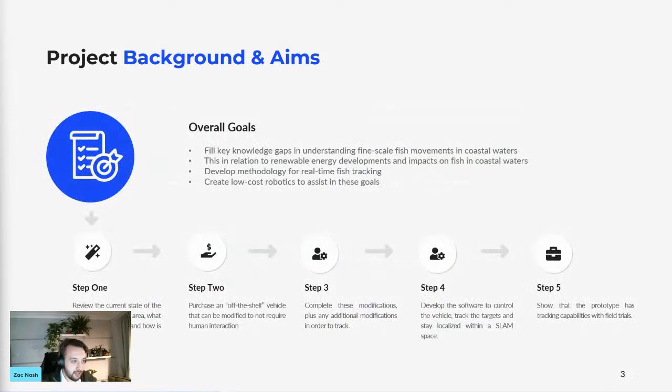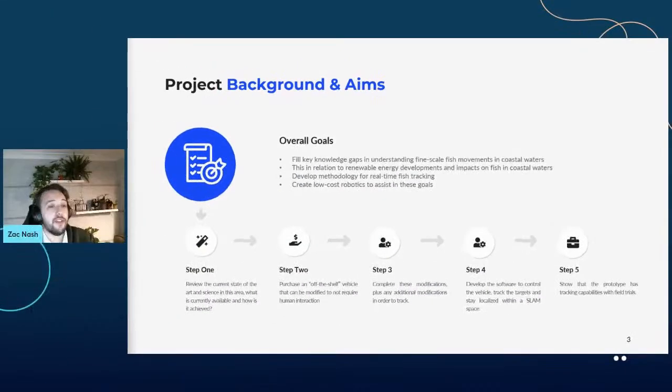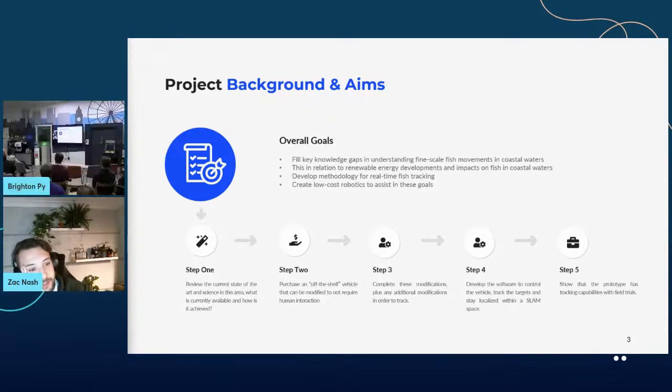For the project background and aim, the project came from a desire for a renewable energy developments package for Wales. Colwyn Bay had a proposed tidal lagoon, which you may have heard of. It was also scrapped not that long ago, but that didn't really affect what I was doing at the time.